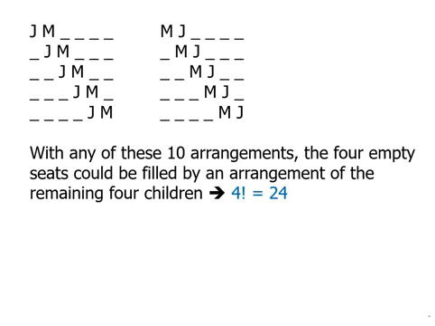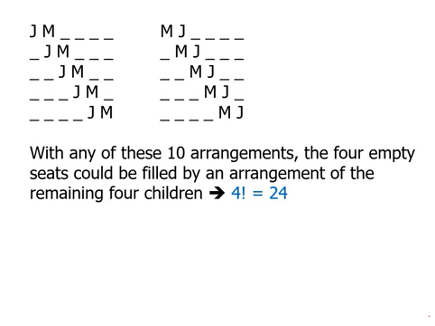Think about it this way. We could have them right next to each other on the far left, or 1 seat over, or 1 seat over, or 1 seat over, or 1 seat over. And so those 10 ways, those are the 10 places that we could seat Jackie and Marilyn if they were required to be next to each other.